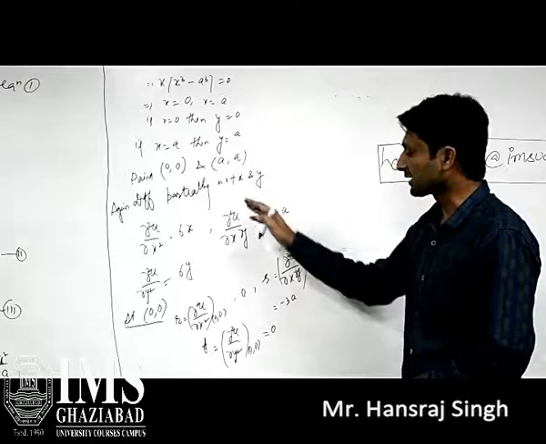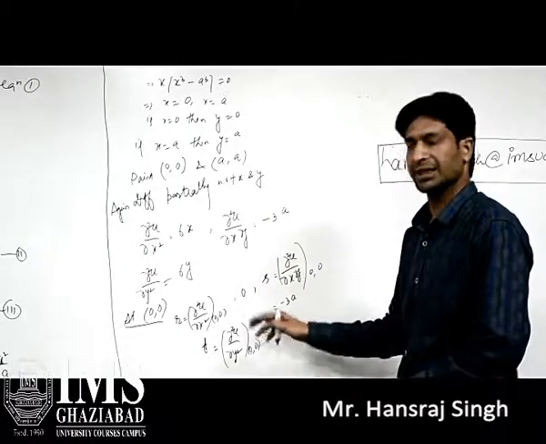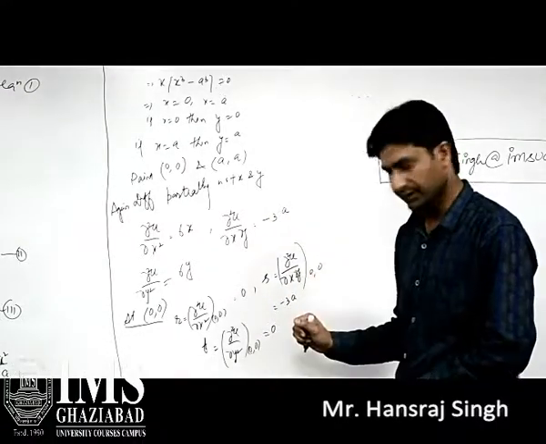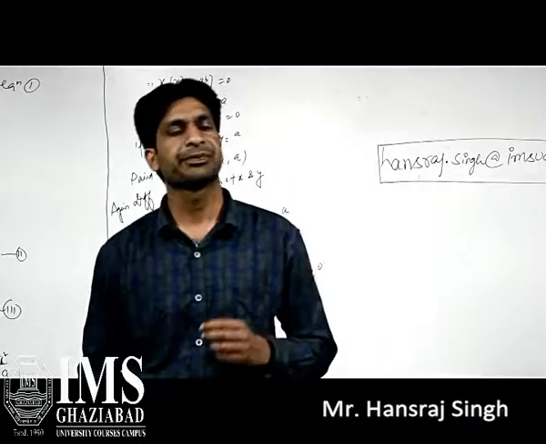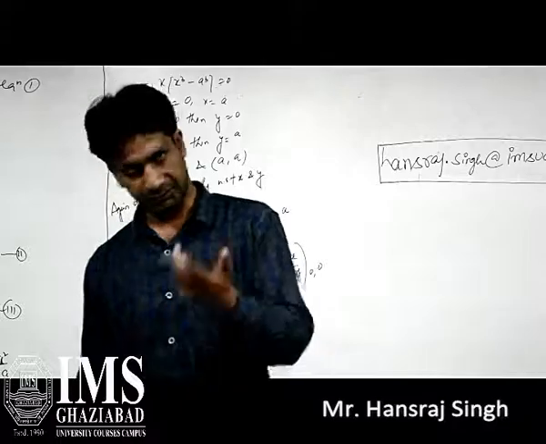These are all the partial derivatives of u with respect to x and y. The sufficient condition for a function f(x) to be extremum is that rt minus s square should be positive.